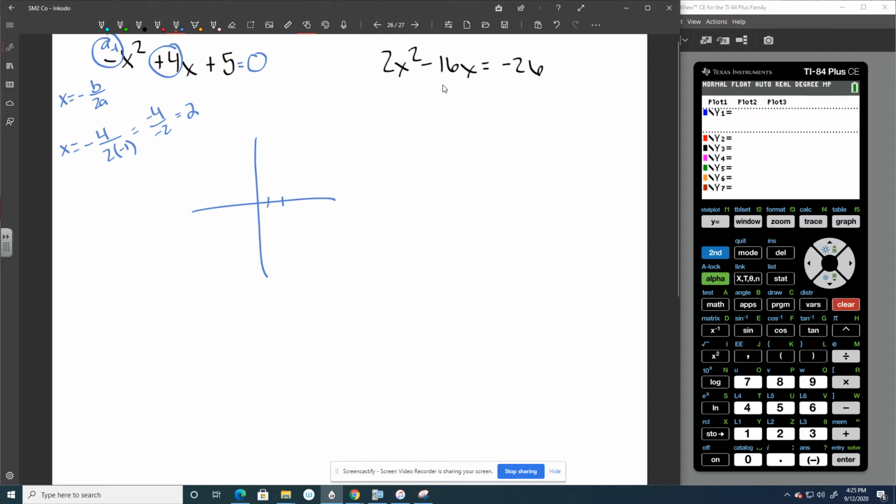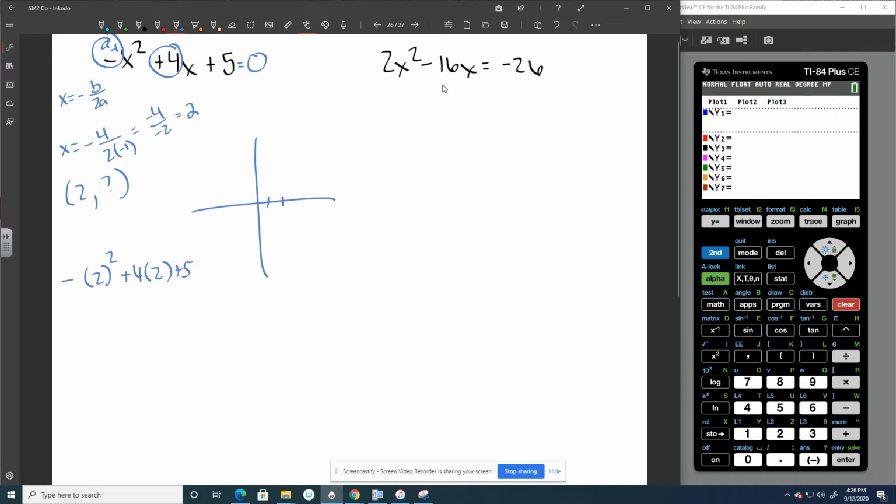To find the other value for my vertex, I know that my x value is 2, but now I've got to figure out my y value. So I plug in 2 to my equation. So I get negative 2 squared. Now that negative is not inside. Be careful, it's in front of the x squared, plus 4 times 2 plus 5.